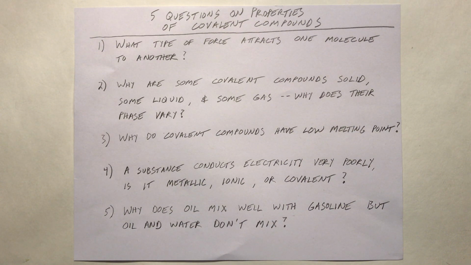Number 3, why do covalent compounds have low melting point? Number 4, a substance conducts electricity very poorly. Is that substance metallic, ionic, or covalent? And number 5, why does oil mix well with gasoline, but oil and water don't mix? Good luck.